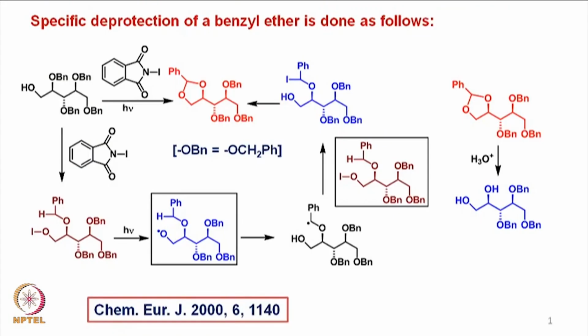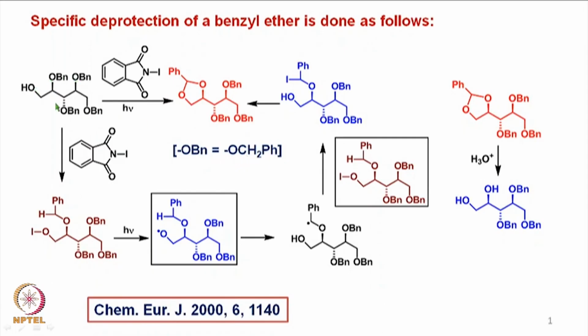Now, how do we make use of hypohalite based chemistry in specific deprotection of a benzyl ether? If we take a compound of this kind which has 4 different types of benzyl ethers, a benzyl ether is nothing but an OCH2 phenyl group.